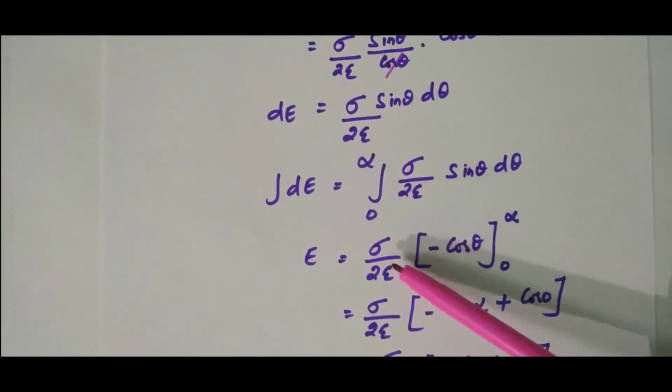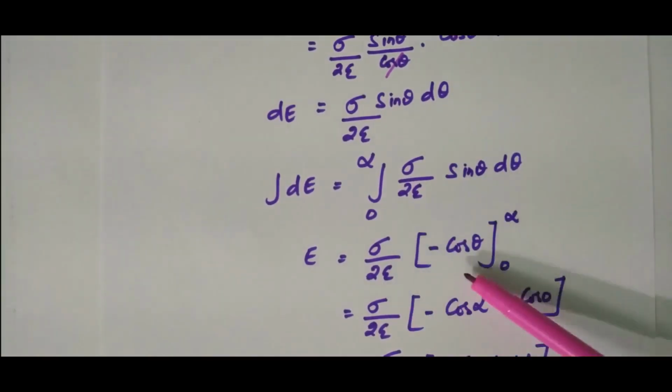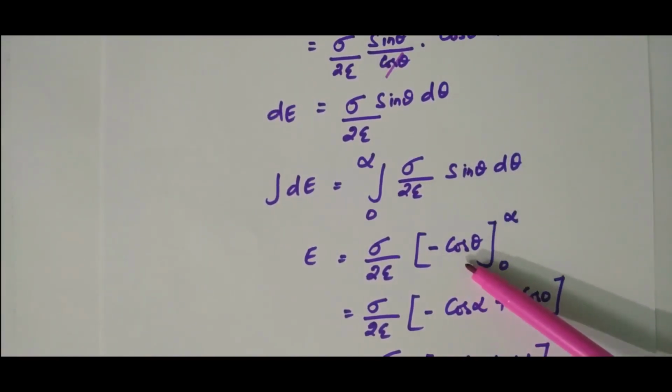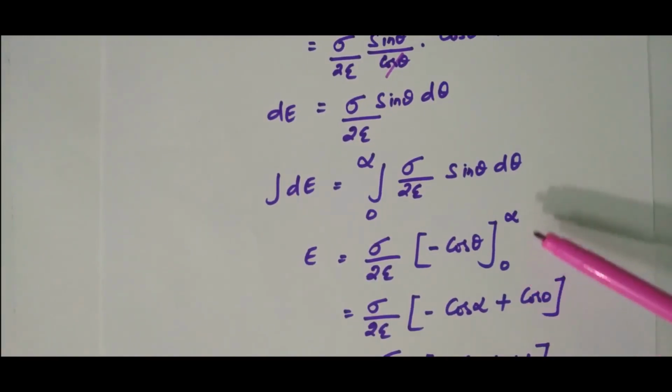Sigma divided by 2 epsilon is constant, only sin theta remains. Integral of sin theta is minus cos theta. We need to substitute the upper and lower limits, 0 and alpha.